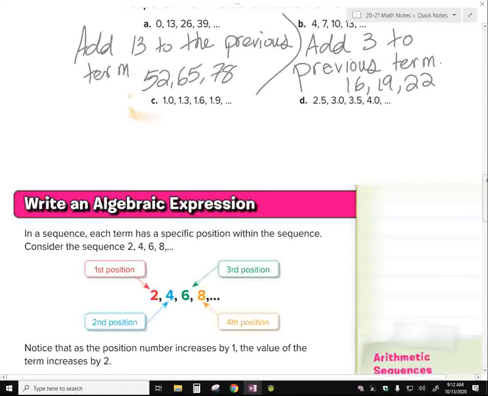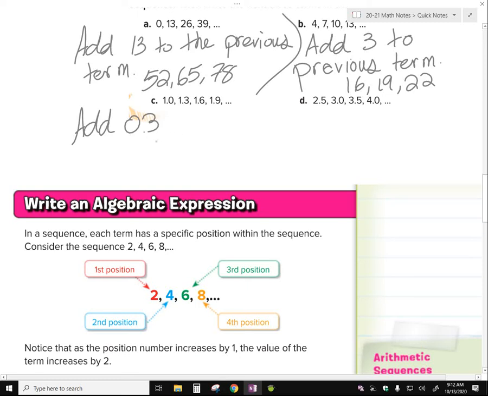For this one, 1.0, 1.3, 1.6, and 1.9. It looks like we're adding what? Add 0.3. Make sure you write 0.3, because if you just write .3, it could look like you're saying add, period, and then 3.